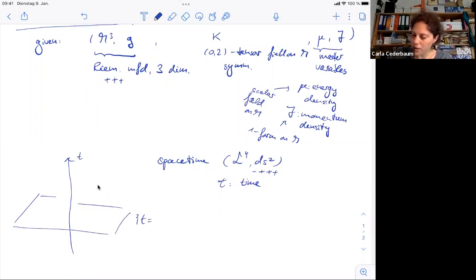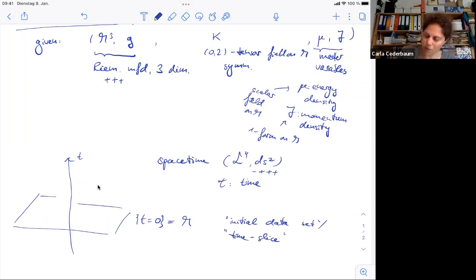So say, for example, t equals 0, and this will be what we consider as M. This is why it's called an initial data set. It's initial data for the space-time. Another word people are using is to call this a time slice of the space-time.